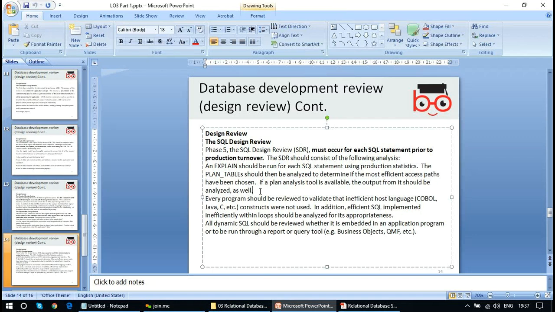So it's advising that you review the SQL as well. That's a kind of aspect, whether your database is able to be queried in a proper way or not. It should be easy to query. It shouldn't be the case that you don't have a way to inquire the database.